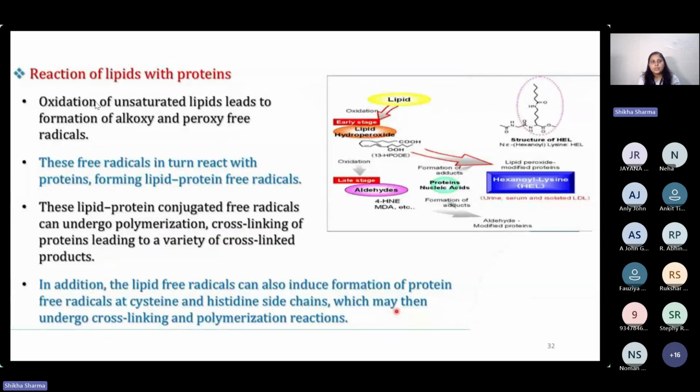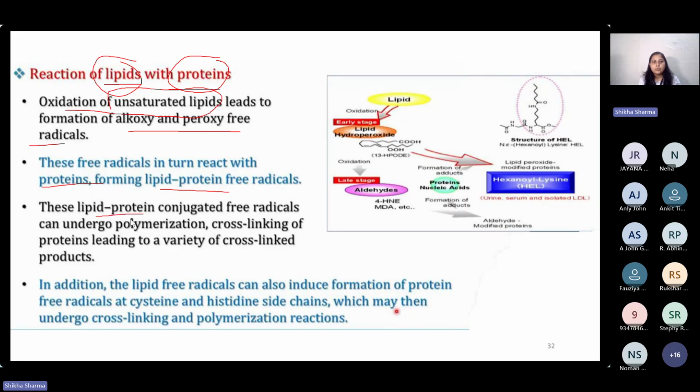If we look at the lipid reaction with protein, lipoxygenase is the enzyme reacting with the lipids. It will oxidize the unsaturated lipids, which can form alkoxy and peroxy free radicals, and these free radicals react with the protein further and form lipid-protein free radicals.